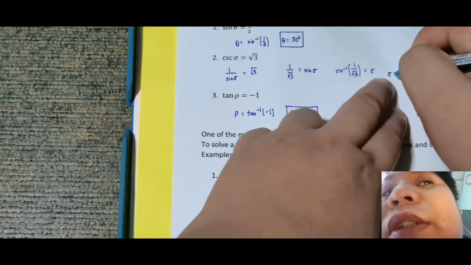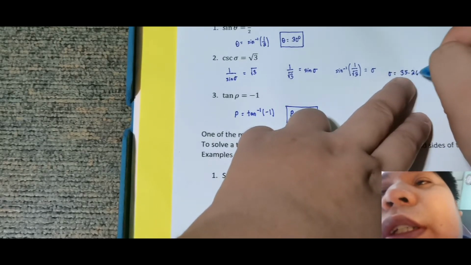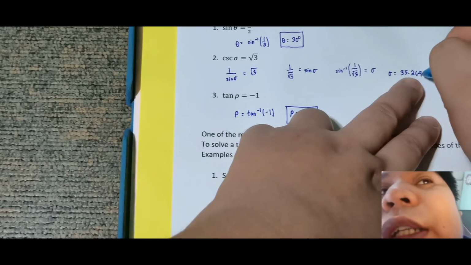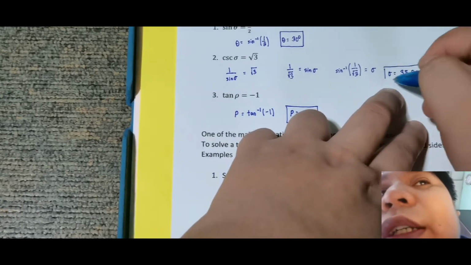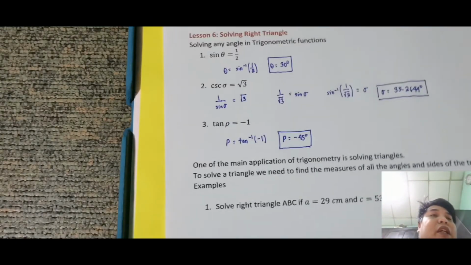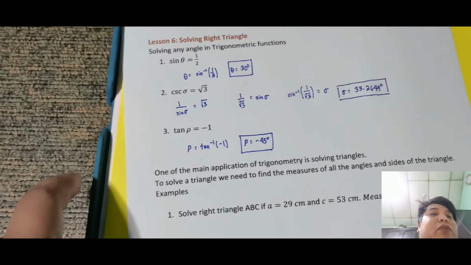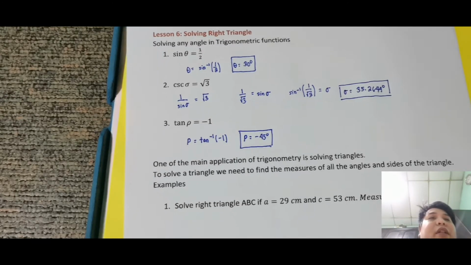So sigma is equal to 35.2644 degrees. Therefore ito yung kanyang value ng angle sigma. Yan yung way para makuha natin yung angle using yung mga trigonometric function.